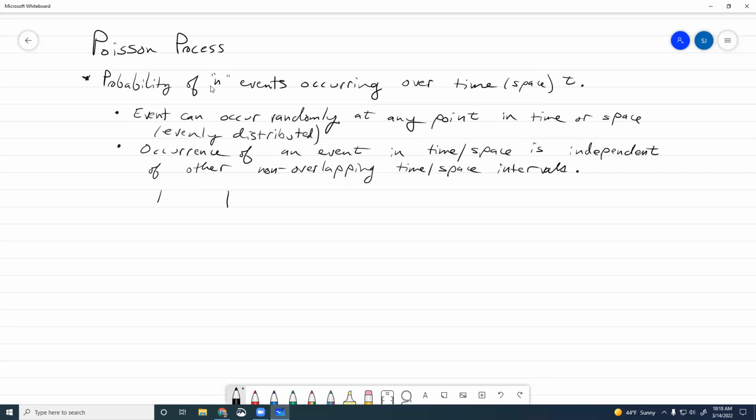So what happens in this interval, we'll just say delta t, is independent of what happens in this other interval, right? There's not this communication across intervals.